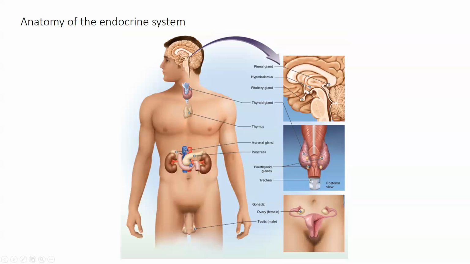The hypothalamus sometimes is referred to as kind of the master control. It has certain nervous system and certain endocrine functions that help control all sorts of parts of the body. Then you move down a little bit, hanging off the bottom of the hypothalamus is the pituitary gland.